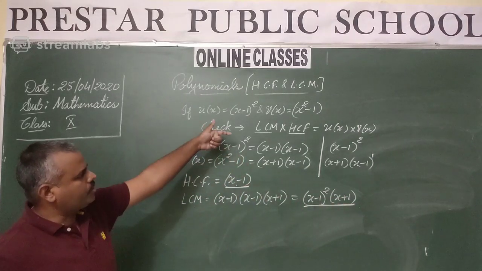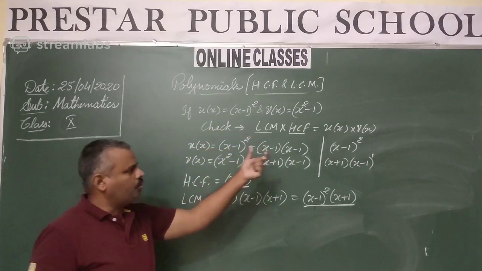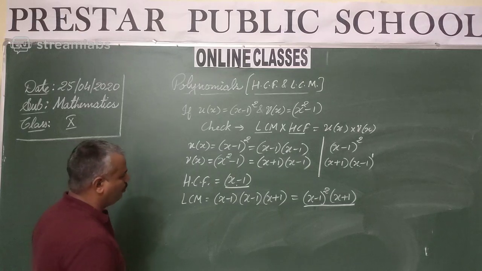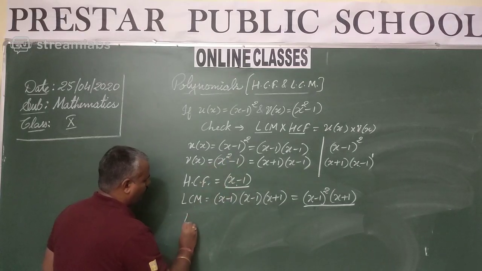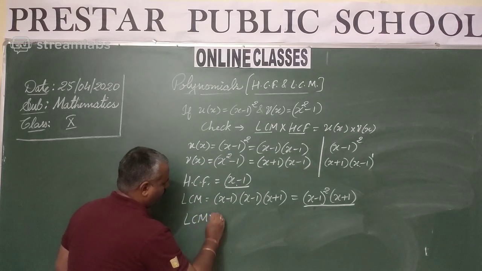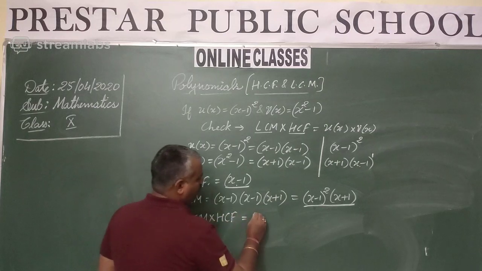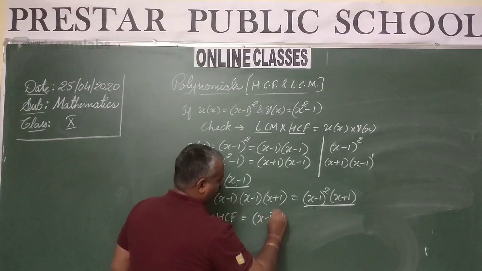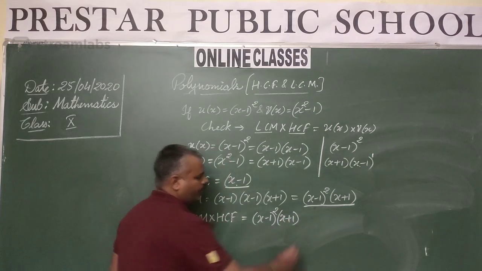Now let us cross check this, whether LCM multiply HCF is equal to U multiply V of x or not. So first of all, let us take the left part of this, that is LCM multiply HCF. The LCM is x minus 1 whole squared multiply x plus 1.